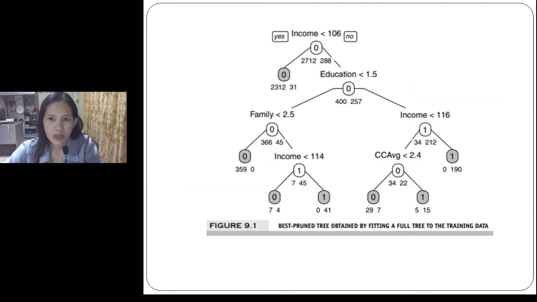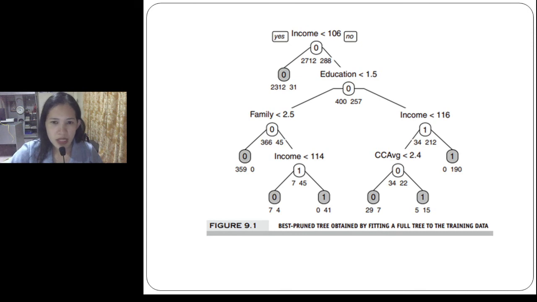This figure shows a tree for classifying bank customers who receive a loan offer as either acceptors or non-acceptors, based on information such as their income, education level, and average credit card expenditure. One of the reasons that tree classifiers are very popular is that they provide easily understandable classification rules, at least if the trees are not too large.